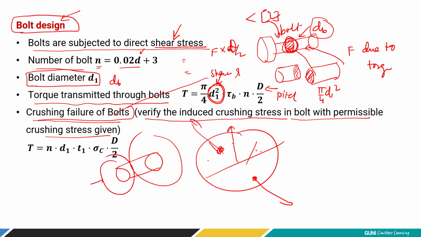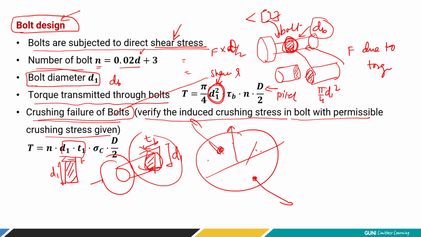This is the bolt. So this projected area is a rectangle area, simply D1, the bolt diameter, and the horizontal dimension, the thickness. So the vertical side is D1 and the horizontal side is T1.